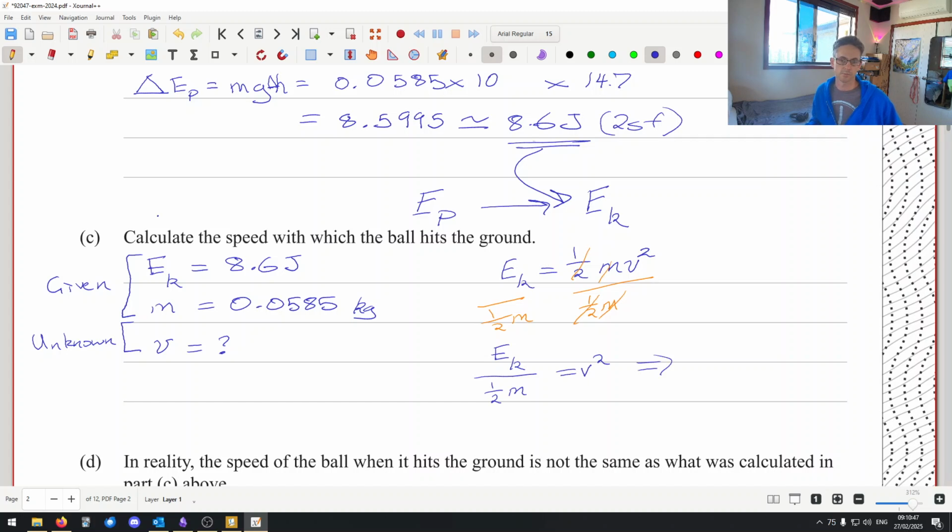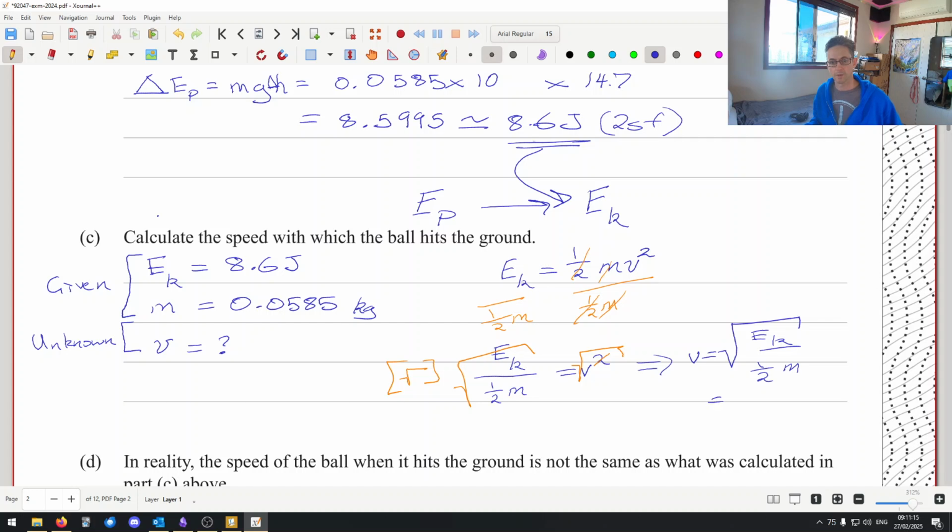And then the next step is we'll square root both sides, so that cancels that. So we end up with velocity equals the square root of kinetic energy over half mass.